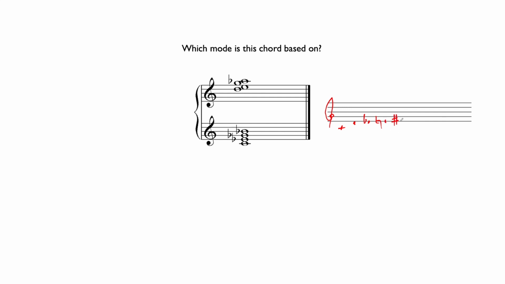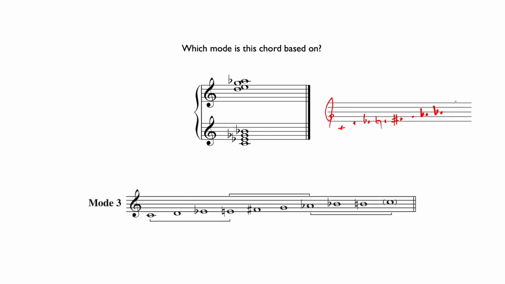Let's spell it as F sharp, G, A flat, and B flat. And if we check the modes, we will see it is also mode 3. This time you see exactly the construction: the first 1, 2, 3, 4, 5, 6, 7, 8 tones at the same time without B natural.